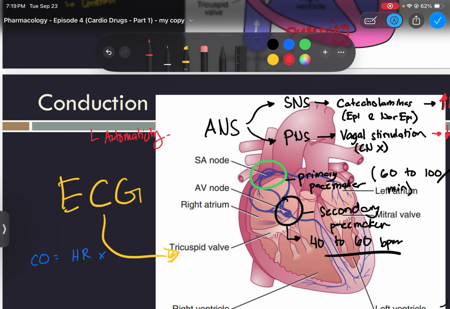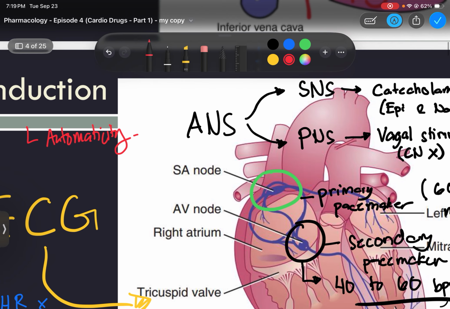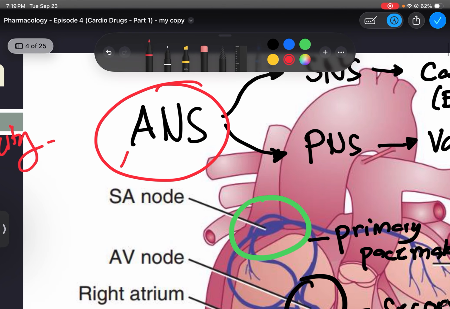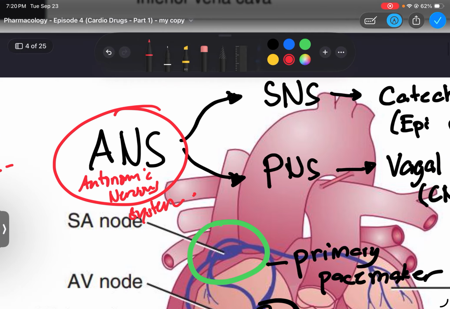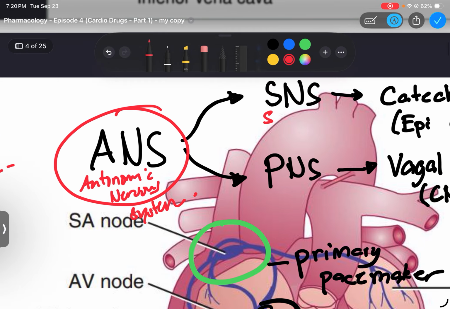However, the rate at which these impulses act is highly dependent on our autonomic nervous system. Our autonomic nervous system is divided into two parts: our sympathetic and our parasympathetic.